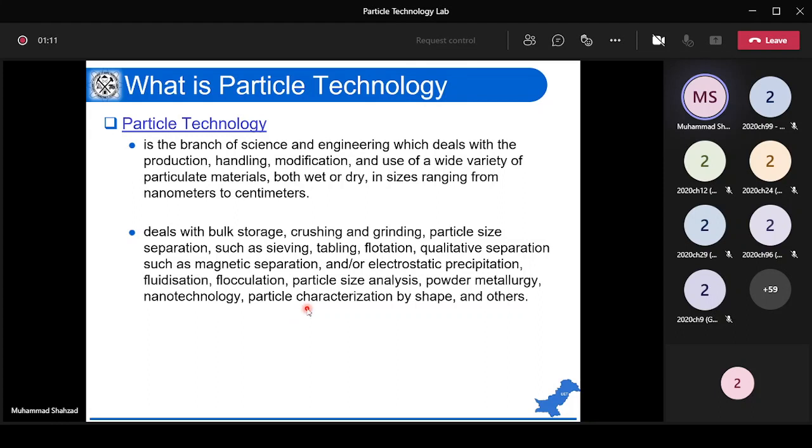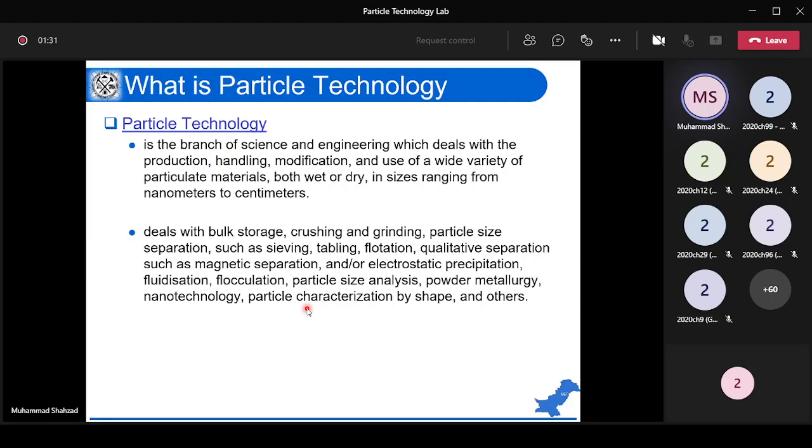Particle characterization means to measure the properties of particles like its size, its shape, its composition, its melting point, boiling point, and all the other properties which are important for its application at different industrial levels, right?